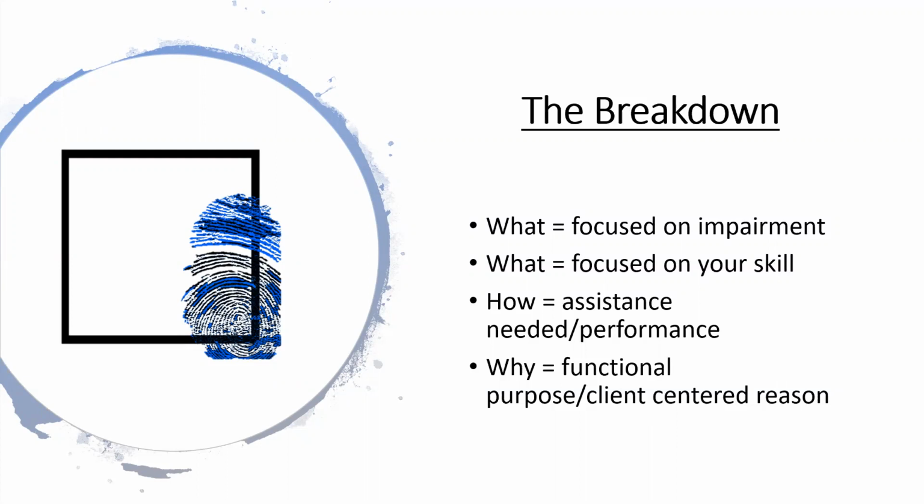Let's use dumbbells as an example. We're trying to get your arms stronger so that you can push up from your chair. Well, they don't really need that necessarily if they can't even control their arm. So this helps me identify and really hone in on what we're doing and why we're doing it.